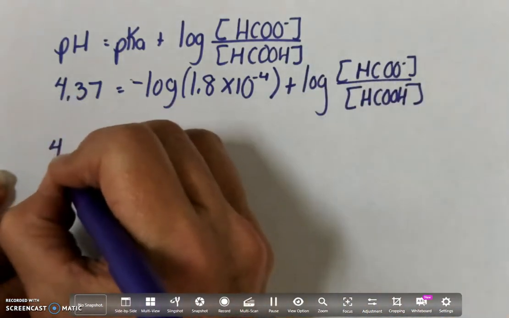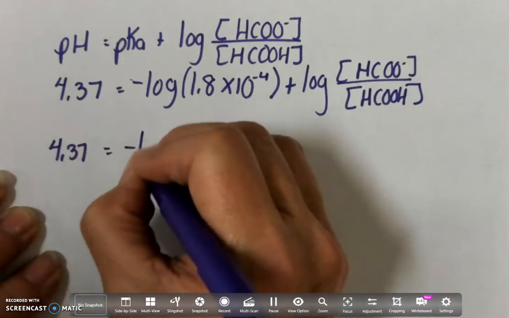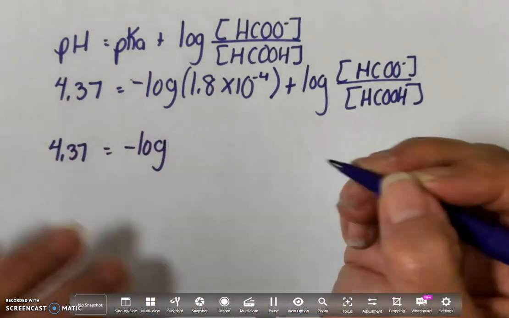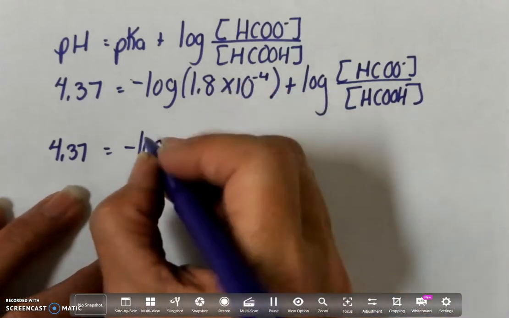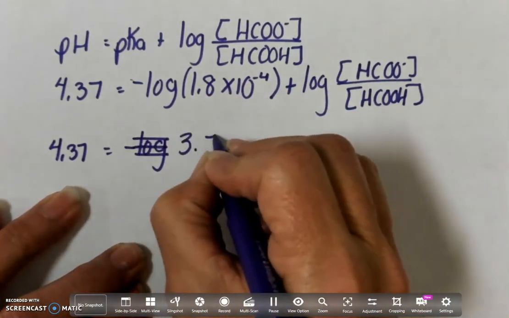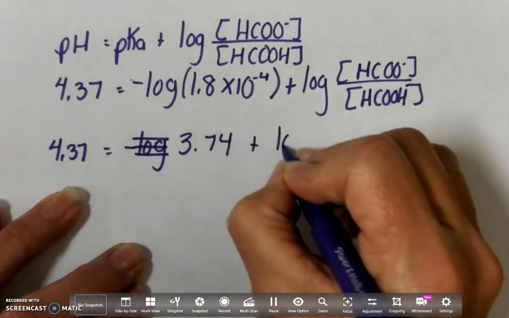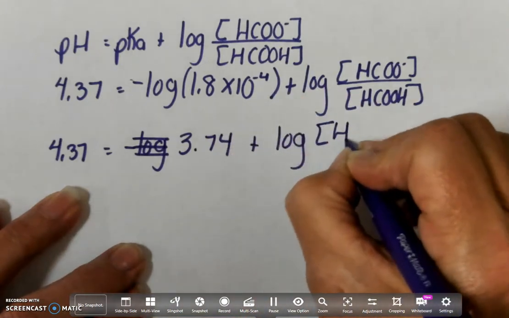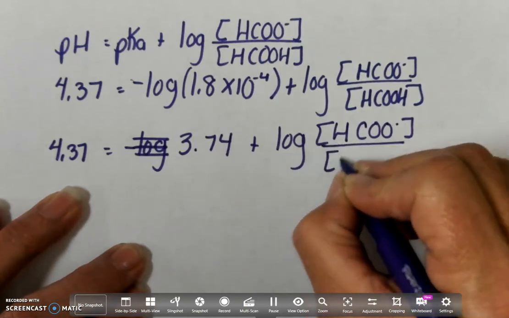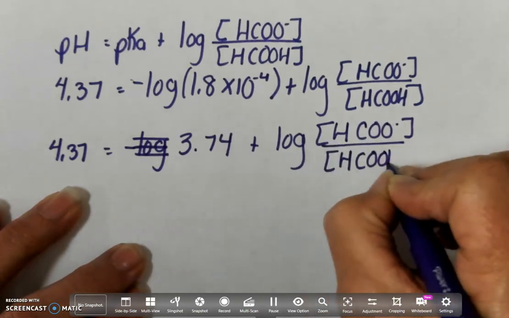So I get 4.37 is equal to 3.74 plus the log of HCOO minus divided by HCOOH.